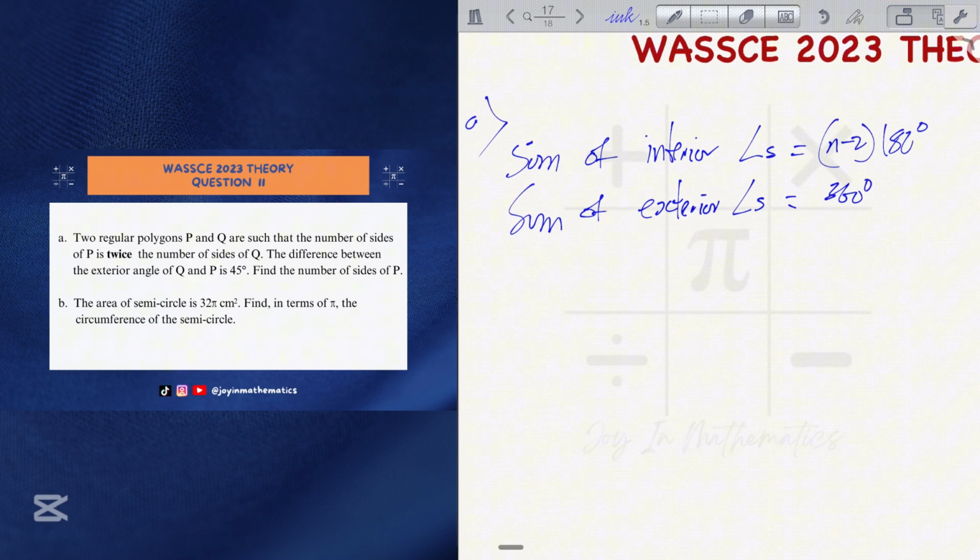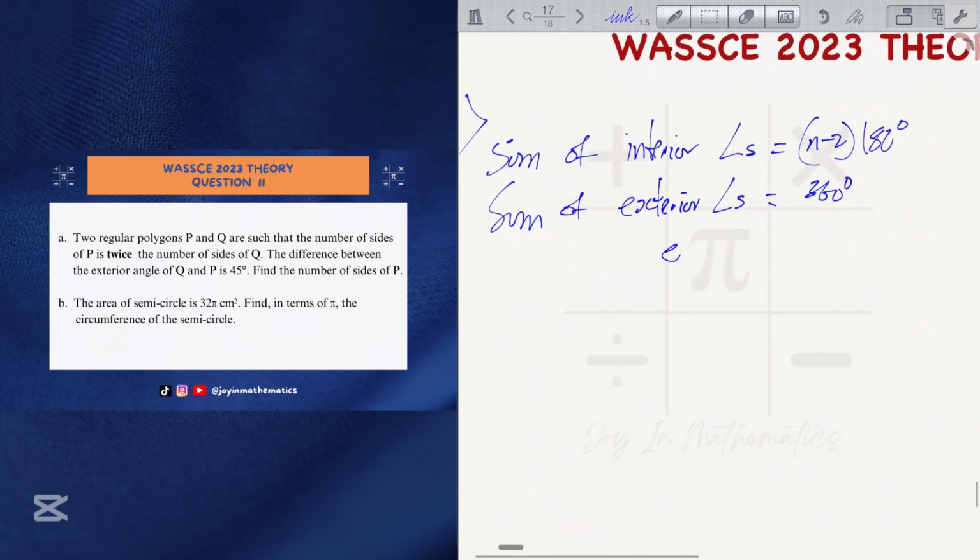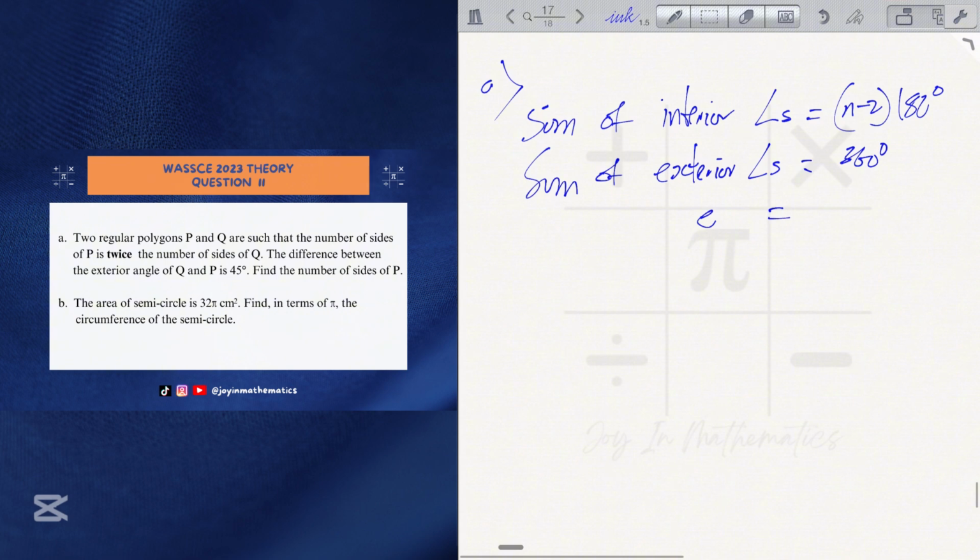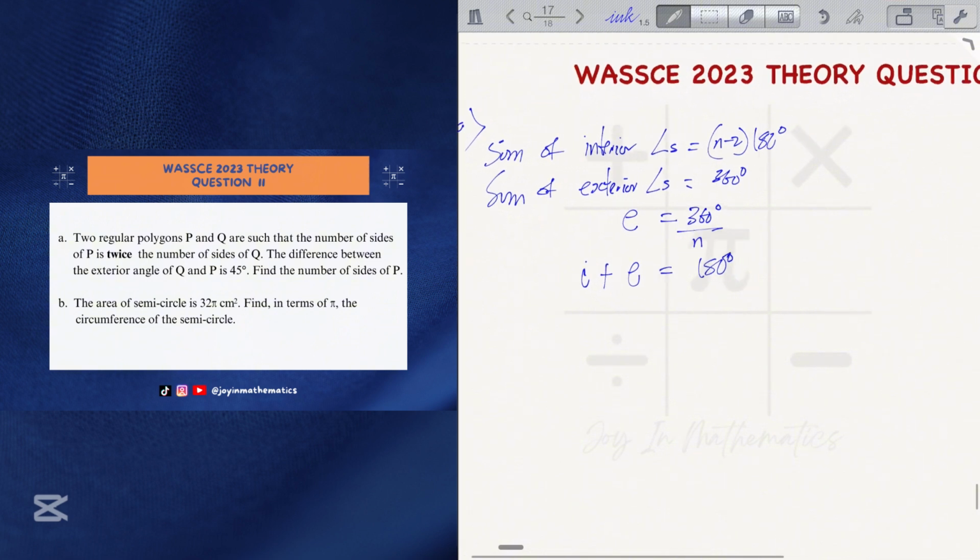Given the sum is equal to 360 degrees, then the exterior angle itself, E, is equal to 360 degrees divided by the number of sides n. Now, we have one extra one, which is very important, that the sum of the interior angle and the exterior angle is equal to 180 degrees. But I don't think we'll be applying this in this question.